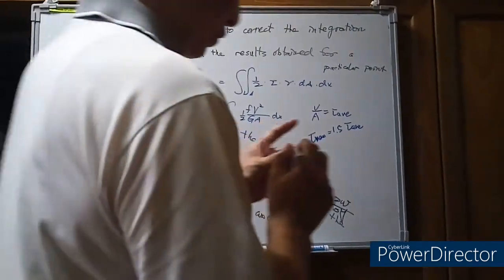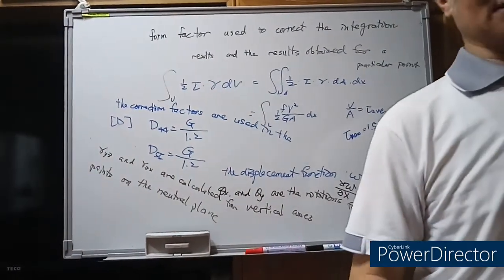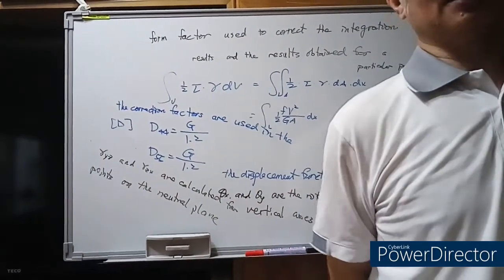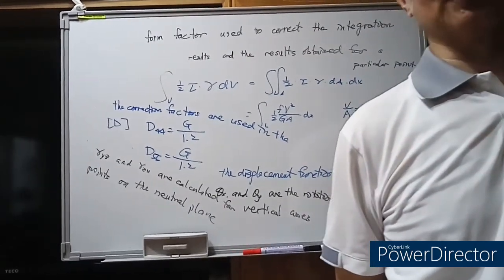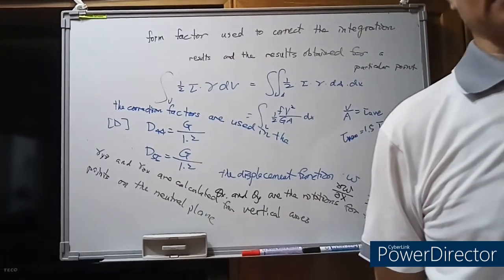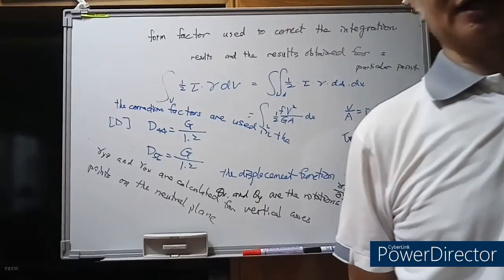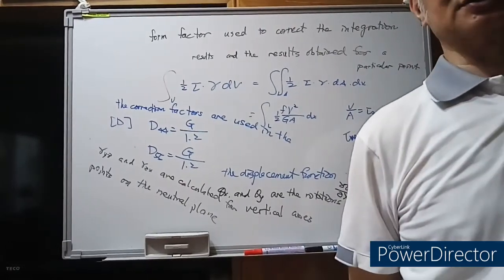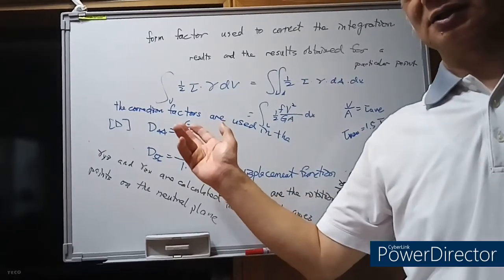Okay, the two correction factors for the plate bending elements, you can check the reference to find how we can use the exact integration to get the accurate results. Then we can create the correction factor. And right now, I just give you the results of this correction.